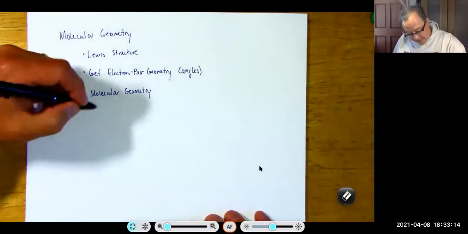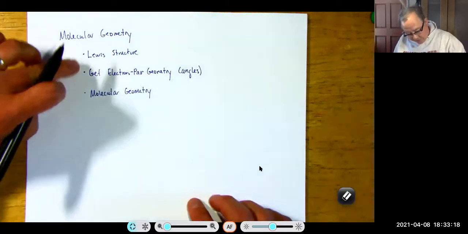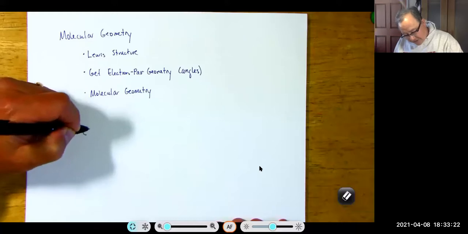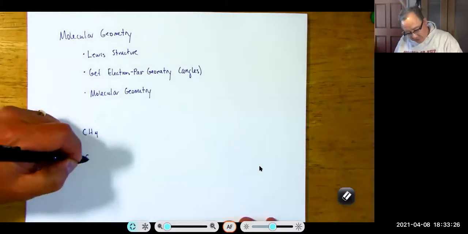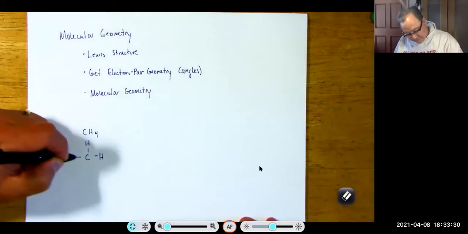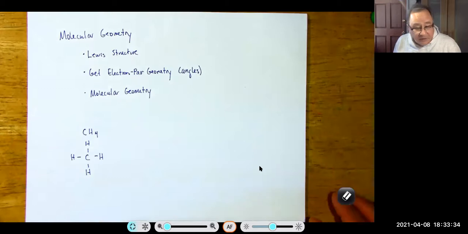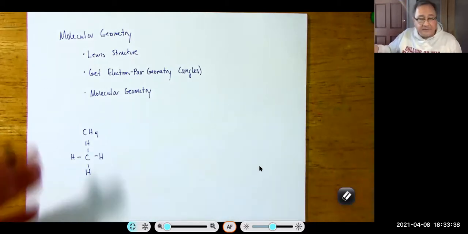So we're going to look at the following, 1, 2, 3. One molecule is going to be CH4. Now this is what the Lewis structure looks like. And when you draw the Lewis structure, you might think, oh, this thing looks flat, because that's the way it's drawn.